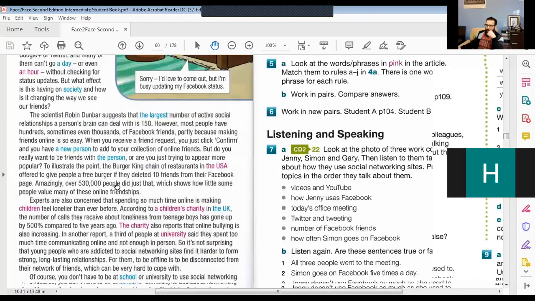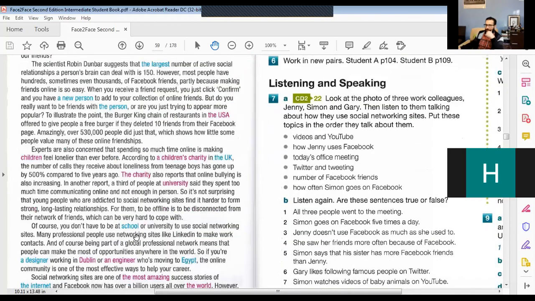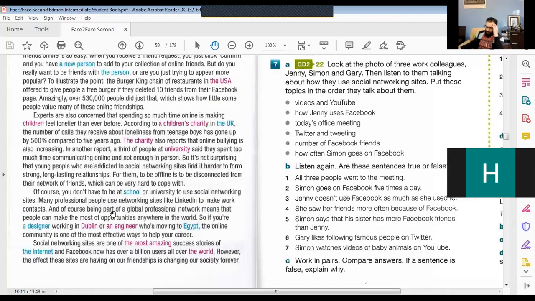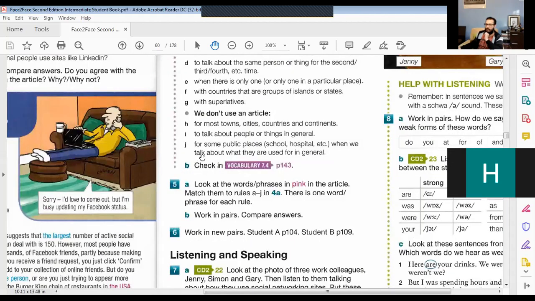Correct. Okay, now we have, what's this? School. School, but there's no article, right? So let's see the condition here. Schools. J. School. That's it. For some public places.